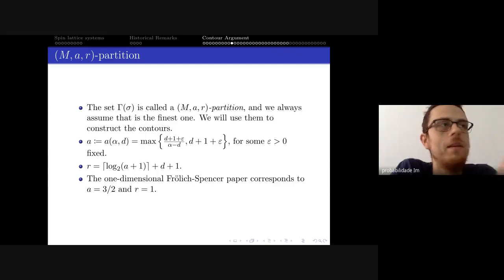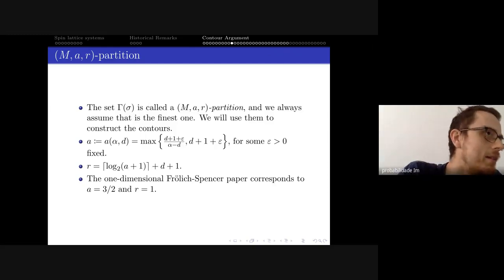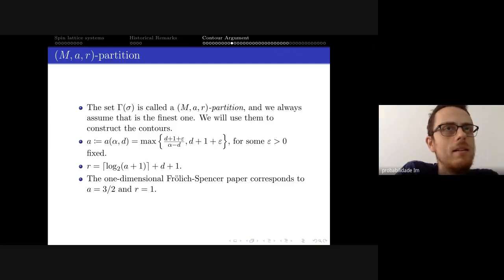Yeah, because from your presentation, at least for me, it was not very clear where you were using the fact that you were working with Z^d. So that's why I asked this. And this epsilon here, I don't remember, where does it appear again in the results?